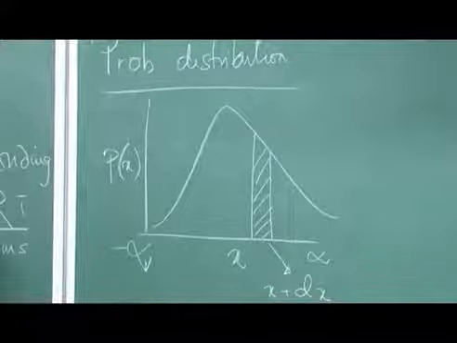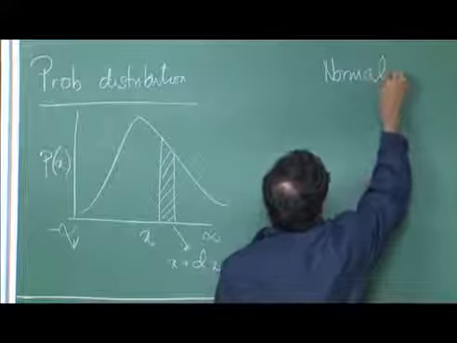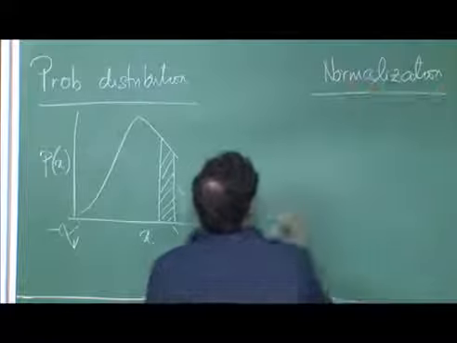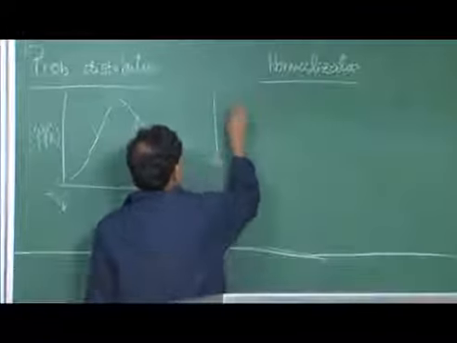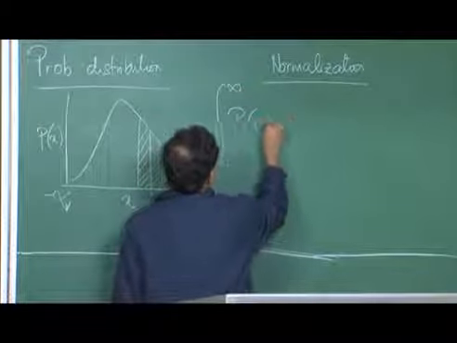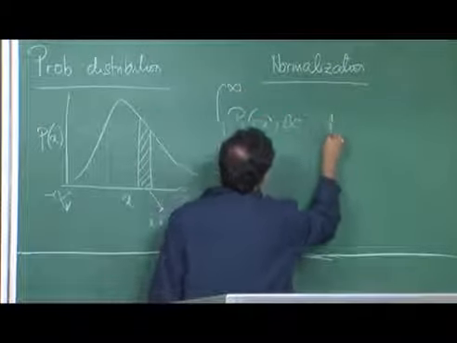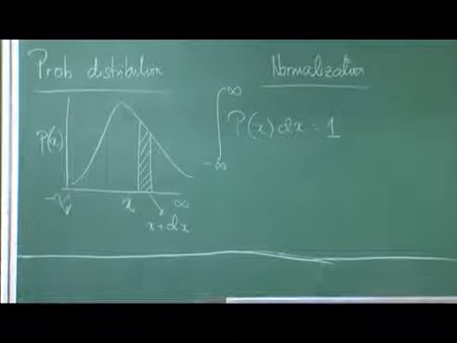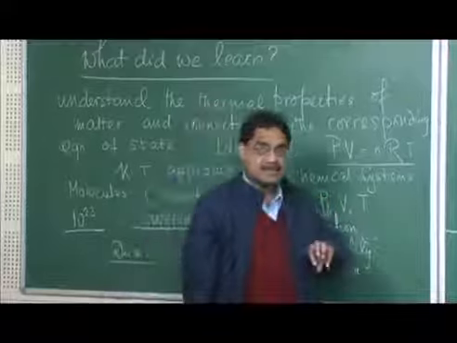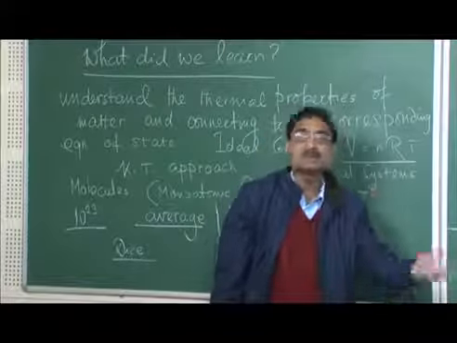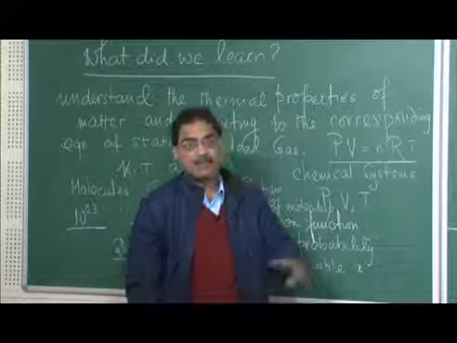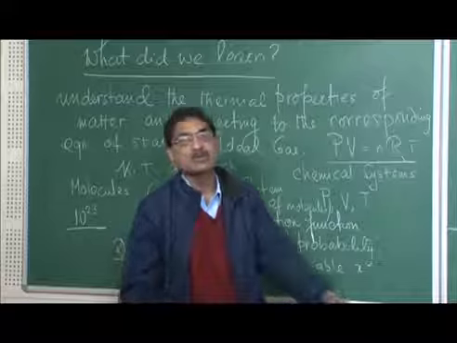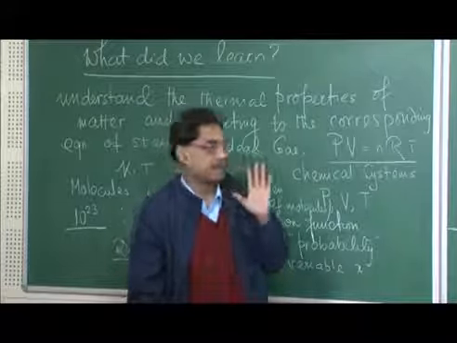And there are conditions which I imposed. Firstly, normalization, which tells me that the total probability, the integral of P(x) dx, is equal to unity. So, recall the example of dice: it has 6 faces, each number comes with a probability 1/6, but the total probability is 1/6 into 6, which gives me unity.